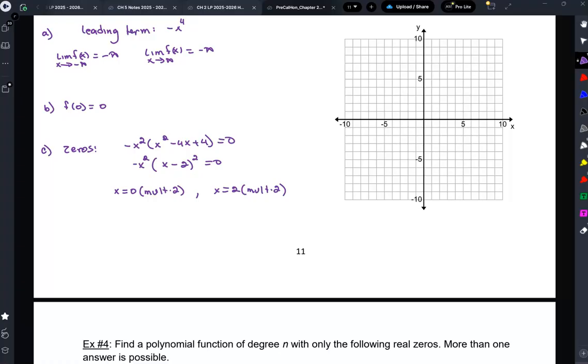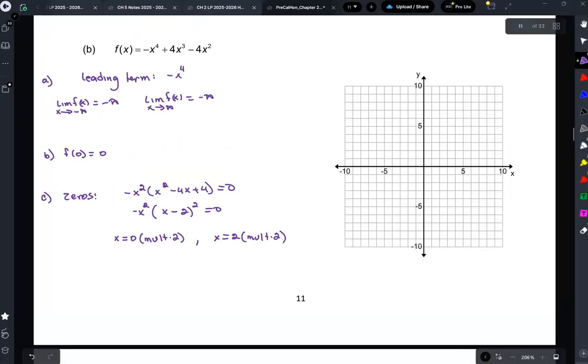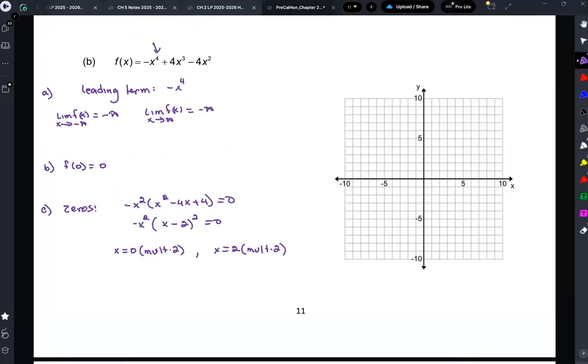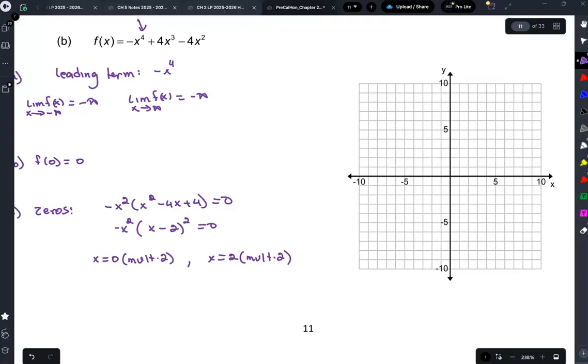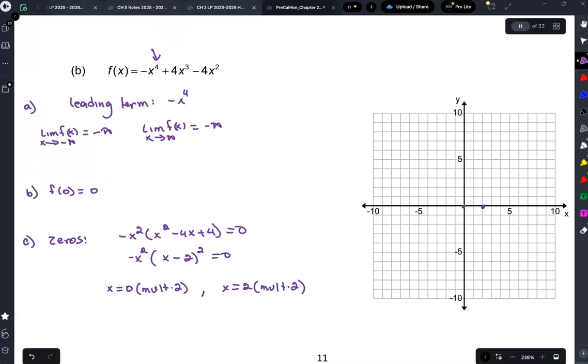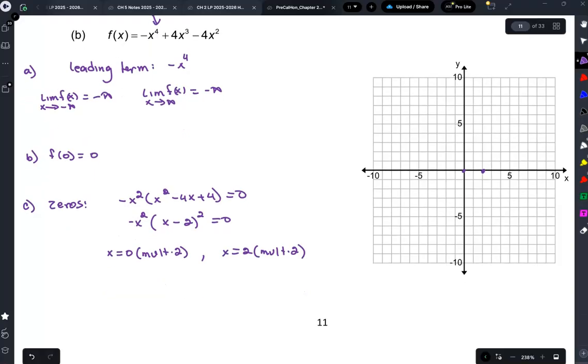But look, 2 zeros, each with a multiplicity of 2, that's a total of 4 zeros, which goes along with the degree, right? So here we go, 0 and 2, and the end behavior is negative infinity for both.